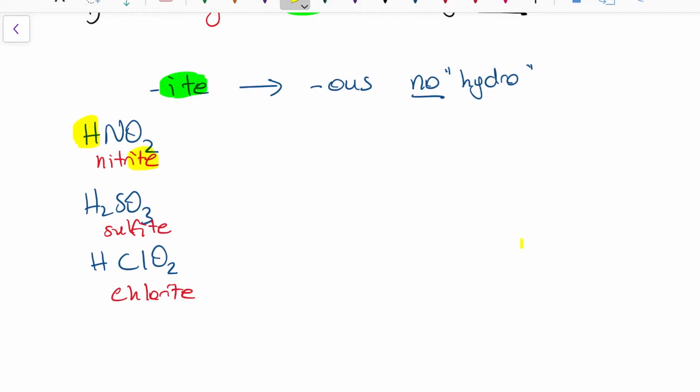So this hydrogen nitrite, it ends in ite, so we're going to give it an ous ending with no hydro. So this guy is going to be called nitrous acid. Okay? This one here, you may call this hydrogen sulfite, and you wouldn't be incorrect unless your teacher wanted you to give the acid name. Okay, so you're like, there's the H, tells me it's an acid.